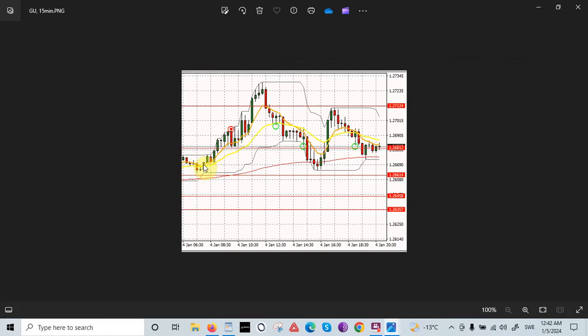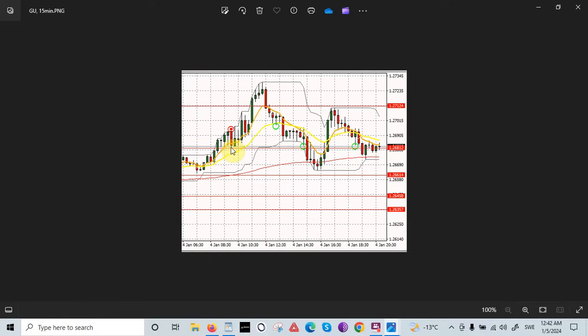Rule 2 is basically here already. It continued there, and then you had this beautiful pullback. Sometimes it gets a little messy, sometimes it goes through the lines, but it holds on and then continues where it's supposed to go, and this was really a great example of it.